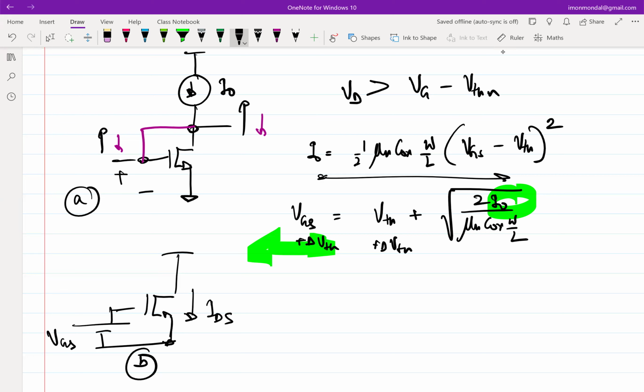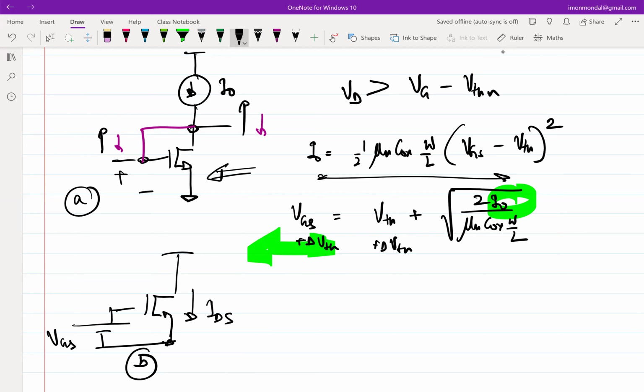So if there is an error, you'll never be able to bias, even if you take infinite time with a potentiometer to fix the VGS by putting whatever resistor divider you want. But this circuit here will develop that magic voltage VGS that is required in order to give you that exact current. You don't have to do any calculation. The circuit does the calculation itself. Make sense? Okay, fine.